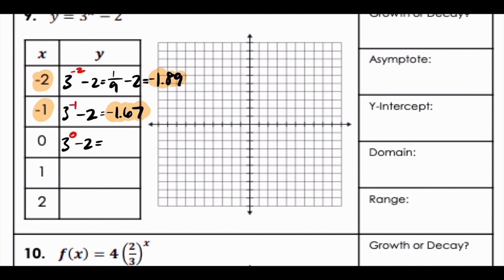Well, 3 to the 0 power is just 1. So 1 minus 2 is -1.